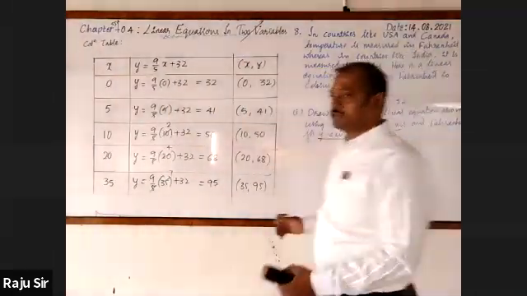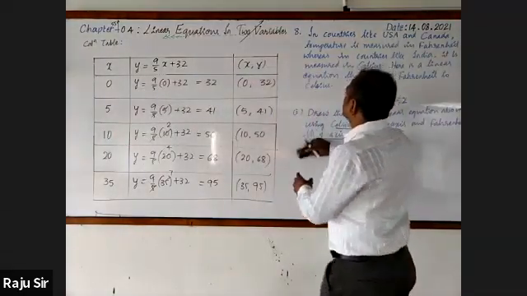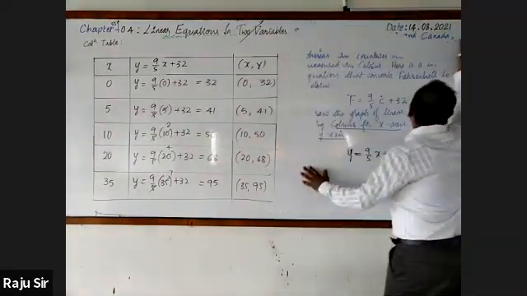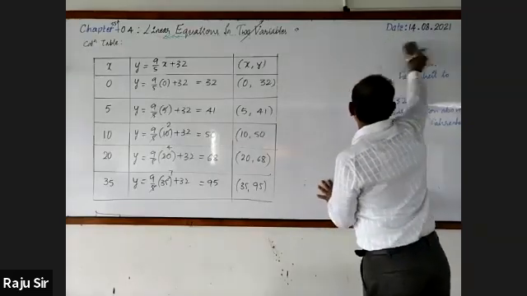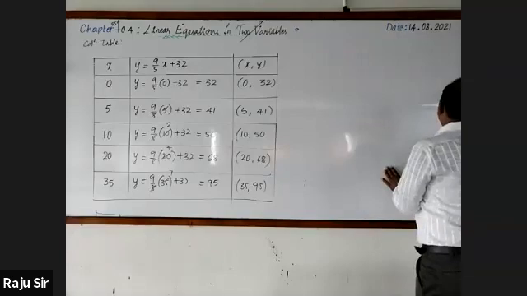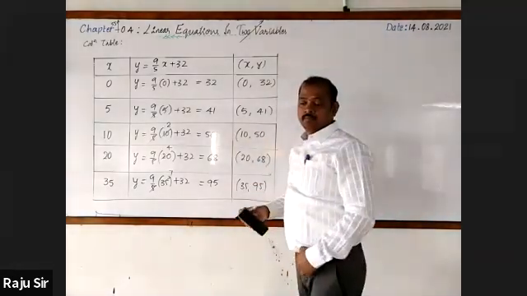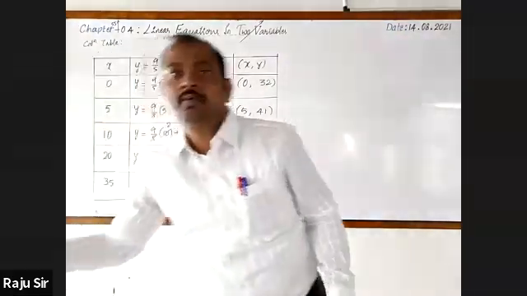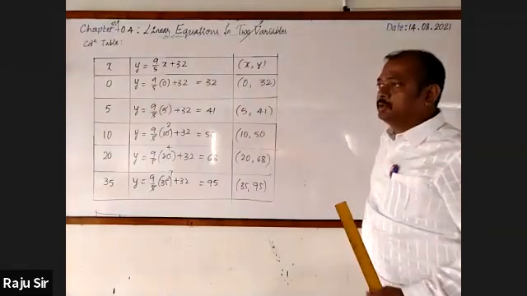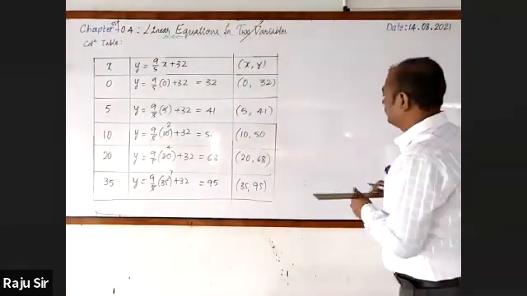Now, for this, we have to draw the graph using these coordinates. We can take 10 as the scale. 10 units, 1 centimeter equals 10 units on the x-axis.